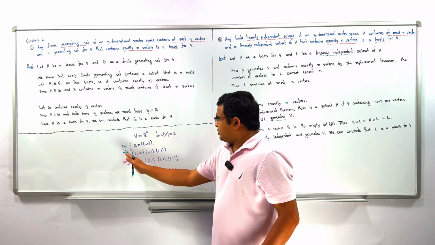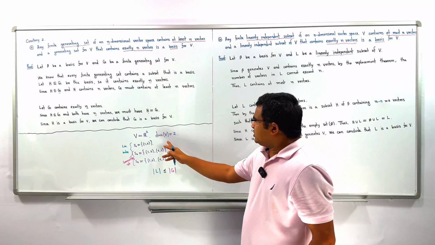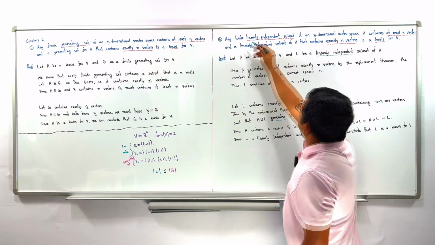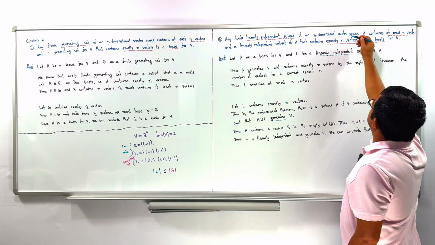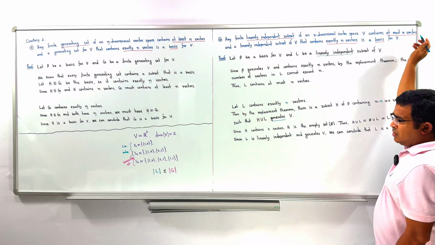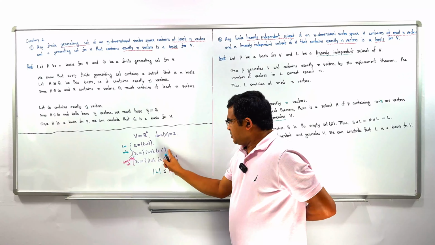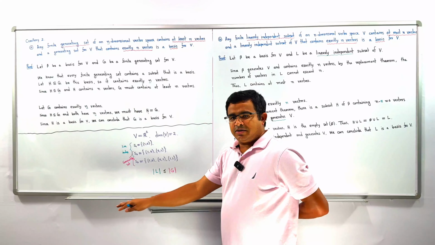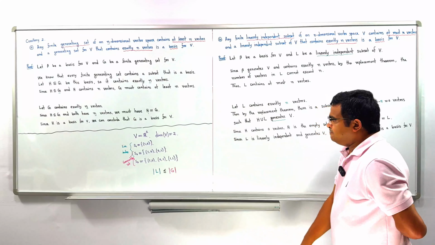The number of vectors of a linearly independent set should be at most the dimension of the vector space V. The theorem says any finite linearly independent subset of an n-dimensional vector space V contains at most n vectors. So, here at most 2 vectors, because if 3 vectors, then that is not linearly independent. Here only S1 and S2 are linearly independent.